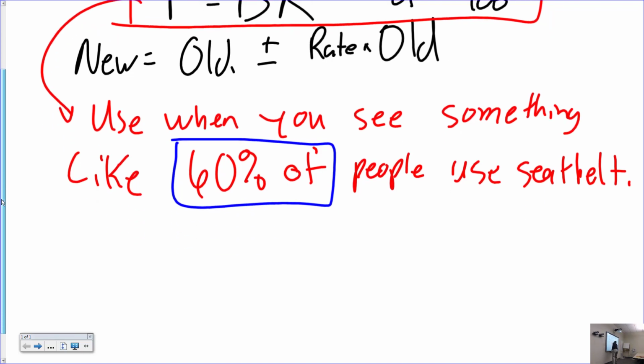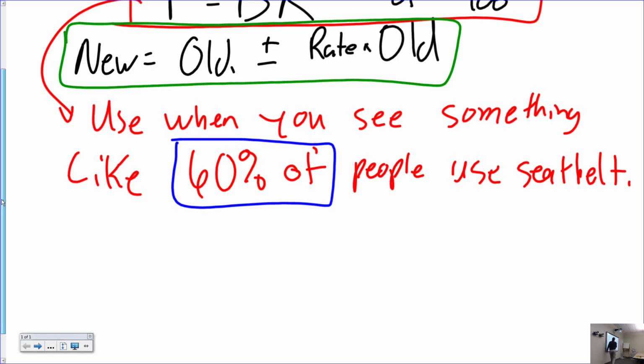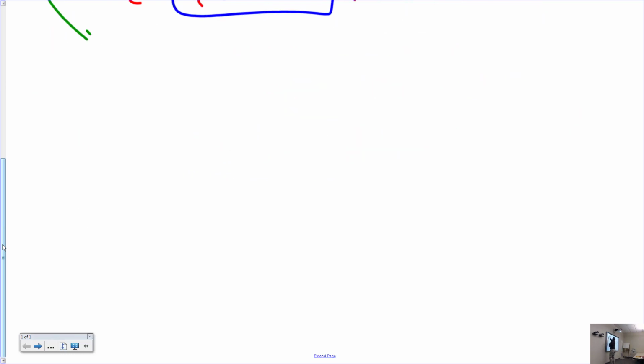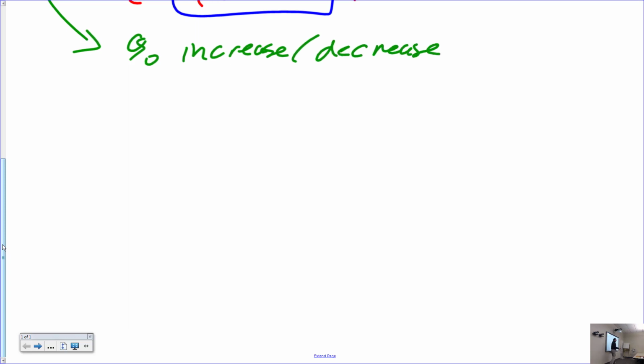So for these problems where you're using new equals old plus or minus rate times old, these are the percent increase or decrease. This is when the word that you see after the percentage sign is not of.